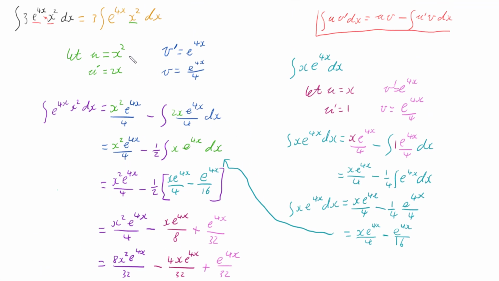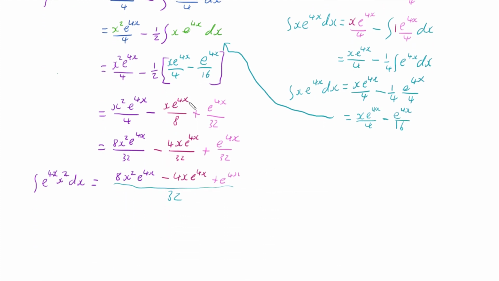So now I can go and substitute into this integral. So now we want to have 3 times the integral of e to the 4x x squared dx, which is going to be 3 times all of this. So 3 times 8x squared e to the 4x minus 4x e to the 4x plus e to the 4x all over 32.